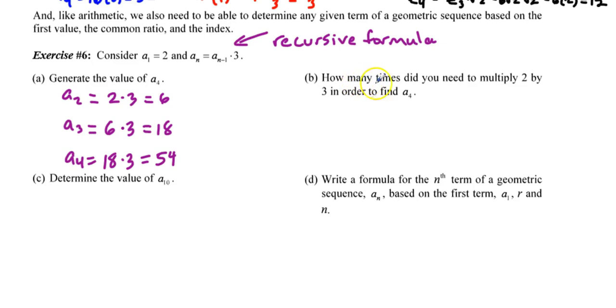All right, how many times do we need to multiply 2 by 3 in order to get a sub 4? Well, we get our 2, our 6, our 18, and our 54. So just imagine that for a second. There were 3 multiplications. We had a starting value and 3 increments.